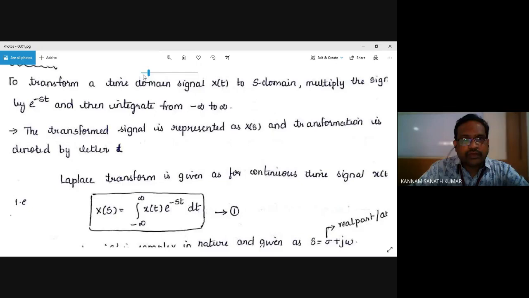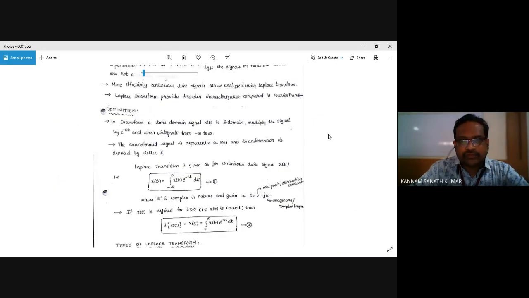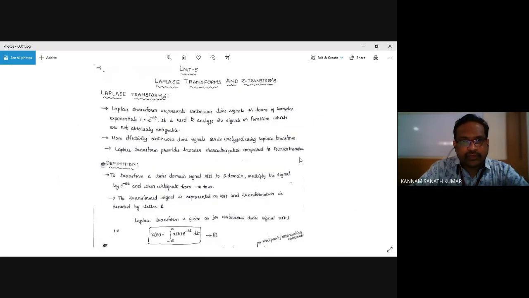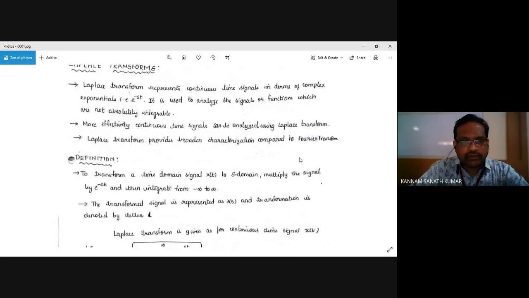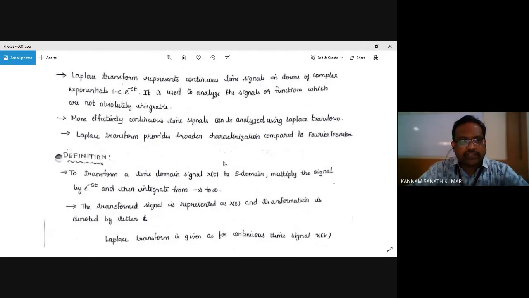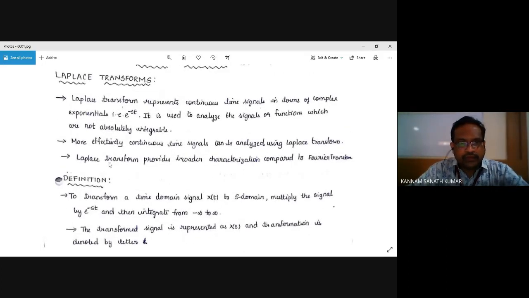So Laplace transform. This Laplace transform is used to represent the continuous signal. That means in order to transform the time domain signal to a frequency domain signal, we will use this Laplace transform.